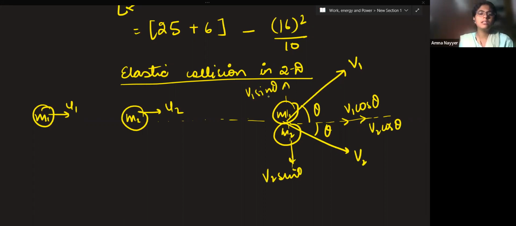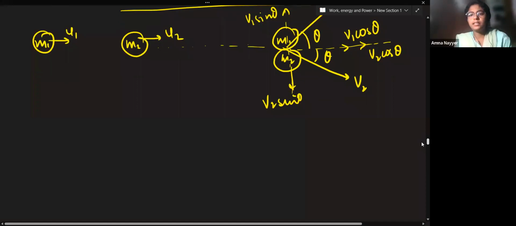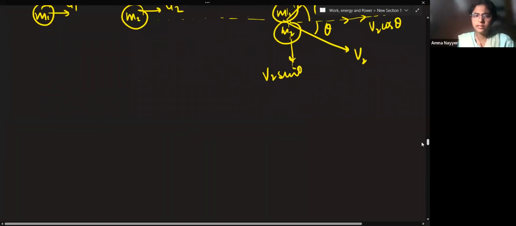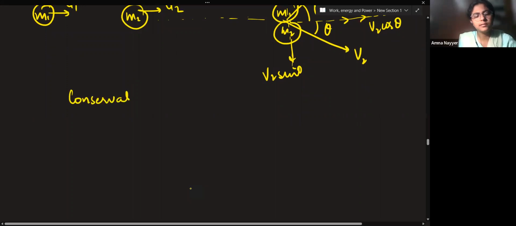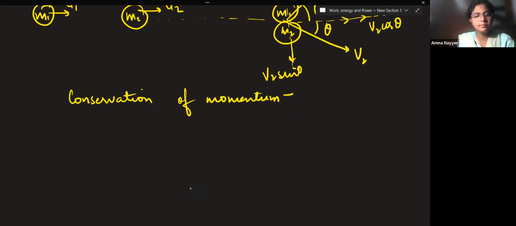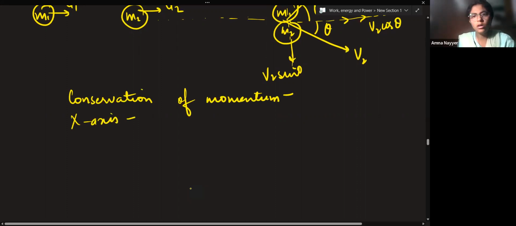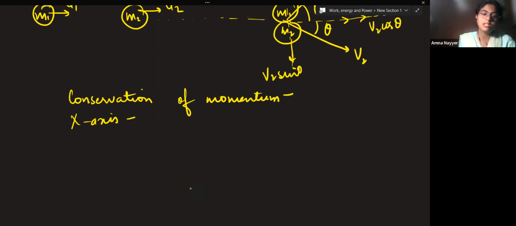Here, all the things apart from this remain the same. Now you will apply the same thing, conservation of momentum along the x-axis, and then conservation of momentum along the y-axis. That's the only difference that will arise. So along the x-axis, we'll be considering just the cos theta component.